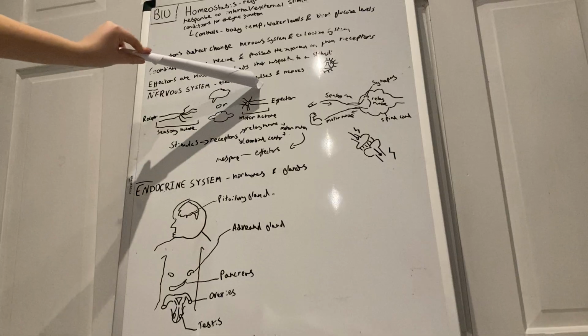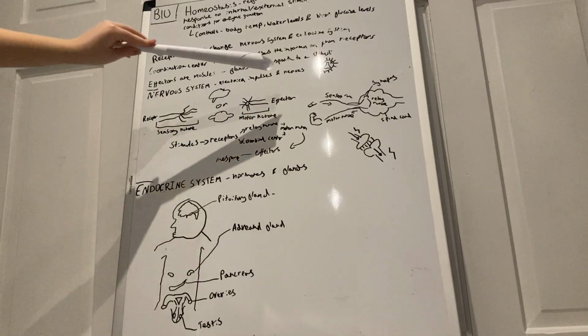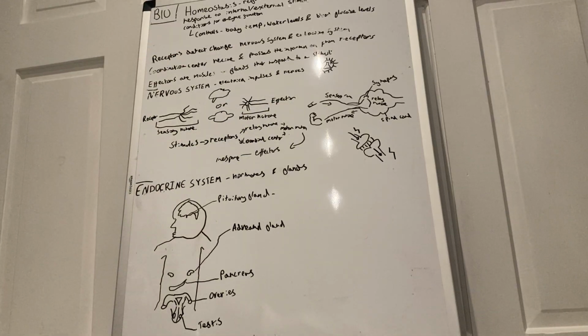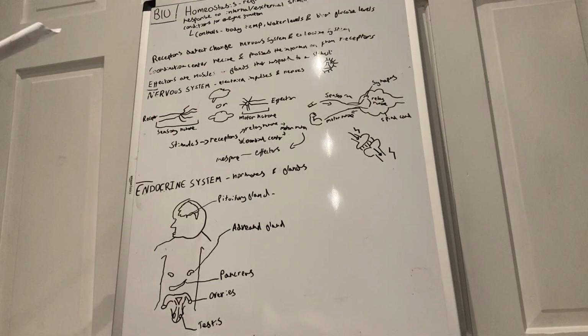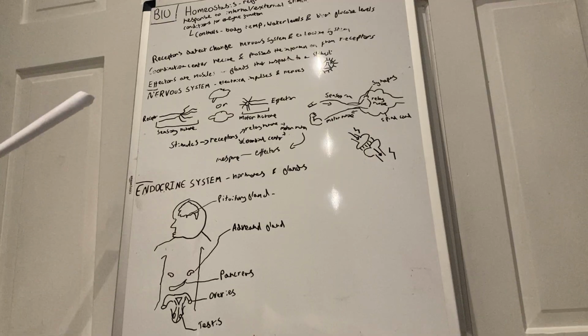The motor neuron continues the electrical impulse to the effector, and they basically respond to the stimuli. So in this case, with our apple, it would be to pick up the apple and take a bite, right? So that's the example of that.